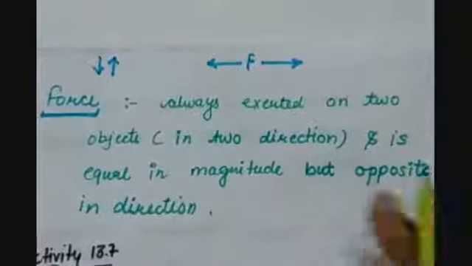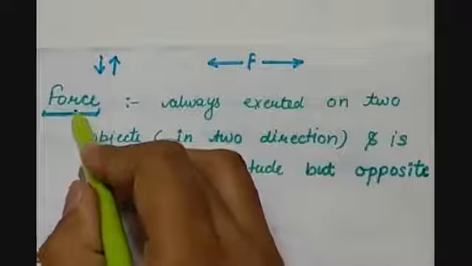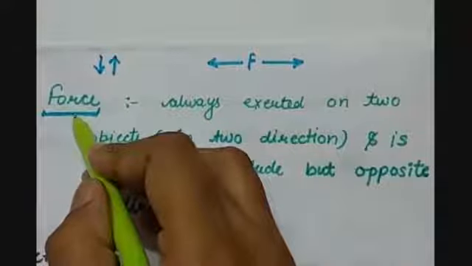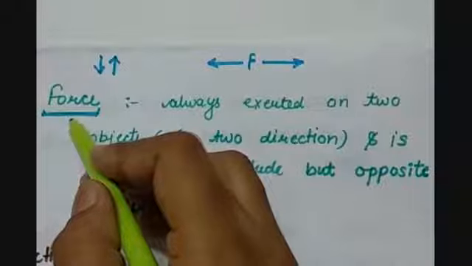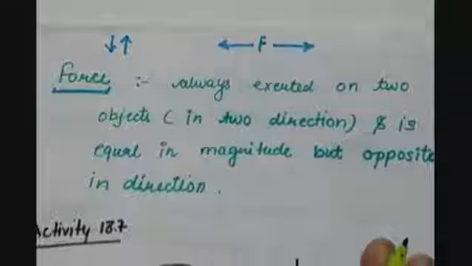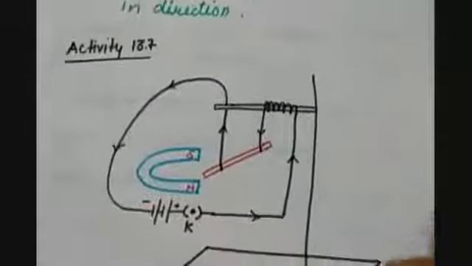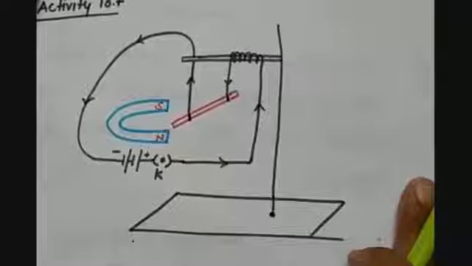So for understanding how the force is exerted on the conductor because of the magnetic field produced around it, one activity is there in your NCERT book, which is activity number 13.7, and in this activity the setup provided to us is this.